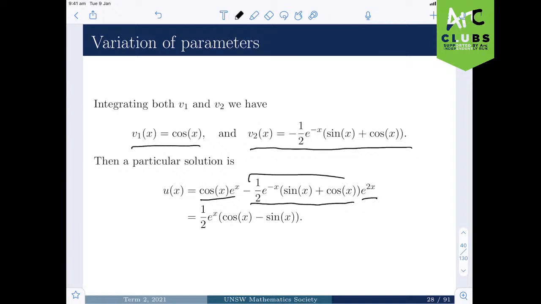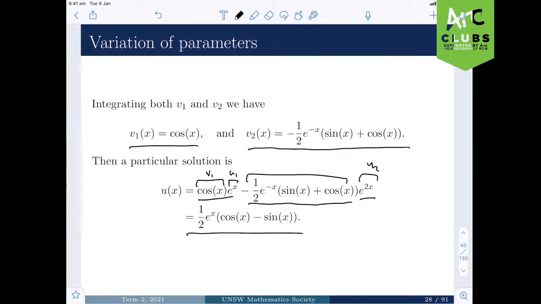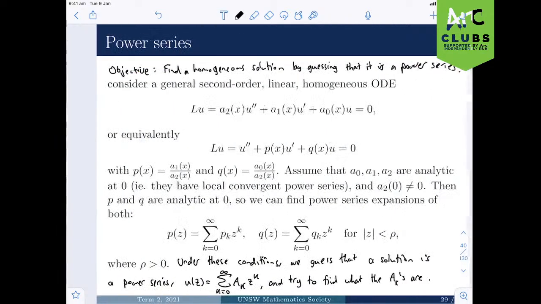That's v2, this is v1, this is u1, and this is u2. Simplifying, we get half e to the x times (cos x minus sine x). I hope that's simple enough, and I hope you got that. I'm just going to move on because we're kind of short on time.